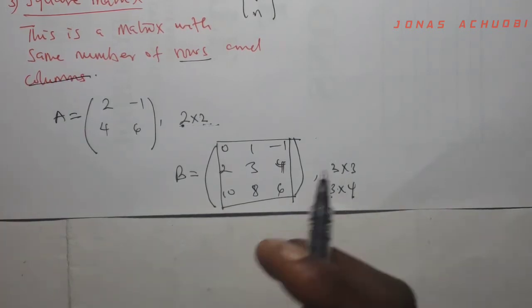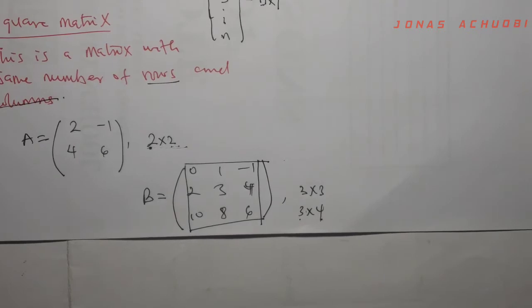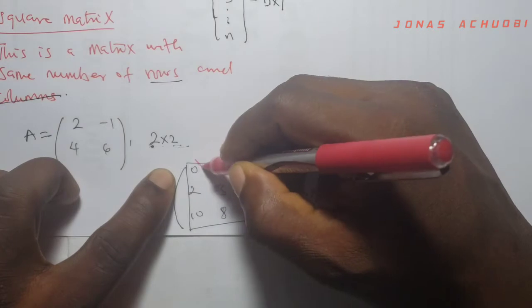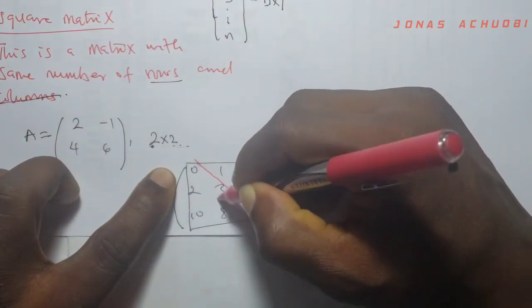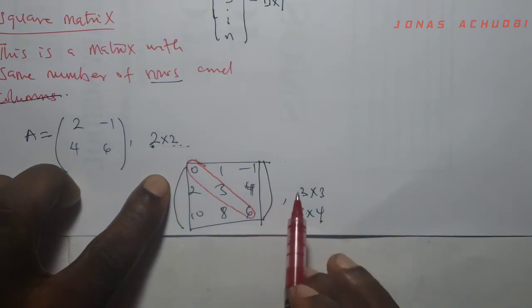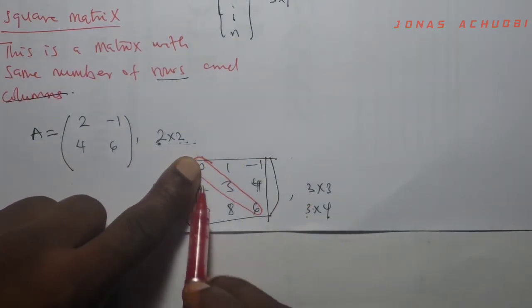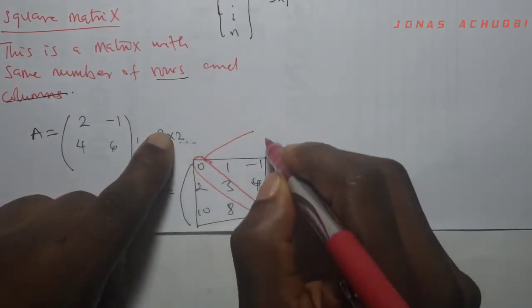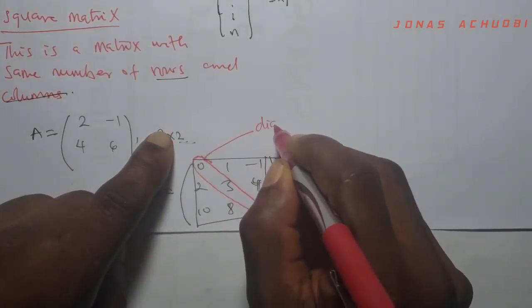A square matrix. And for a square matrix, the entries 0, 3, 6, these entries here, the entries from the top left corner of the matrix to the bottom right corner of the matrix, have a special name. They are called the diagonal entries.